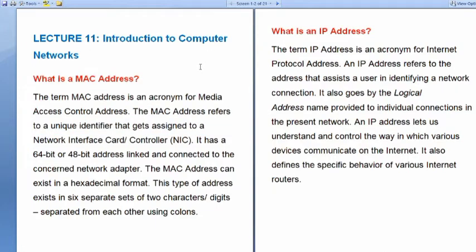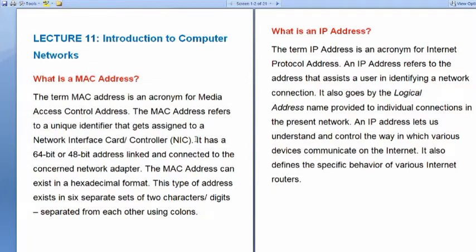In different places you will see the MAC address also referred to as the physical address, or the hardware address. It is assigned to the NIC, the network interface card or network interface controller.